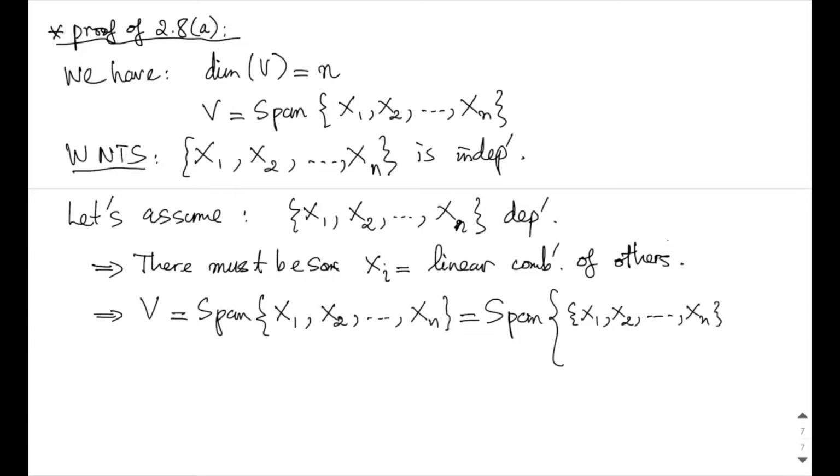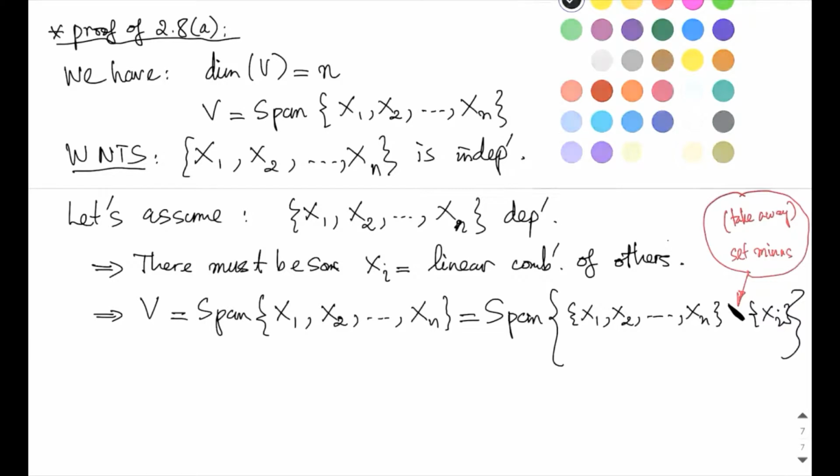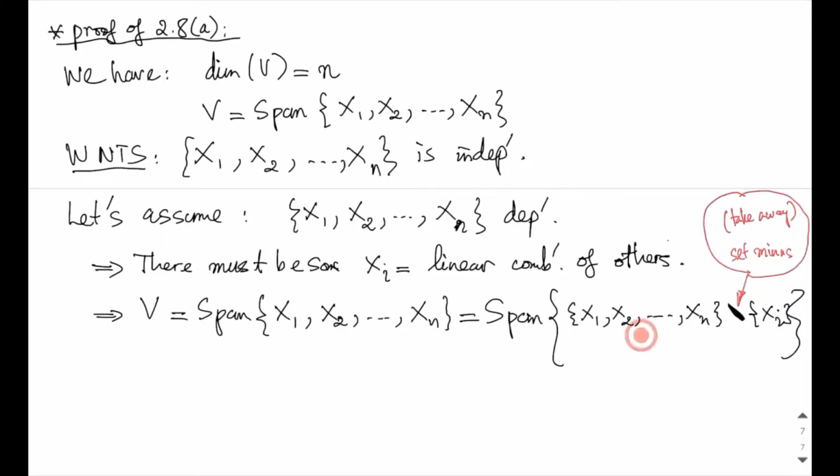The other way to make it short is to use set minus notation, so minus or take away xi. This notation is the set minus notation. What it means is take away. So what I wrote here means that you start with the n vectors and you take away xi.